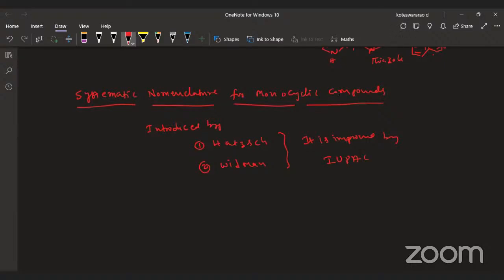Right. What is the nomenclature? Any heterocyclic compound follows the following name structure.